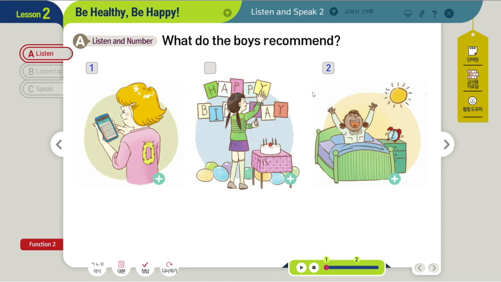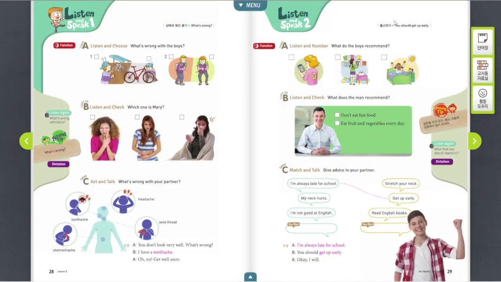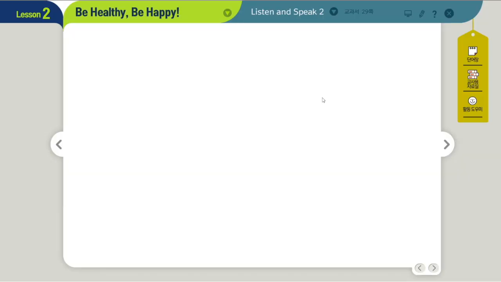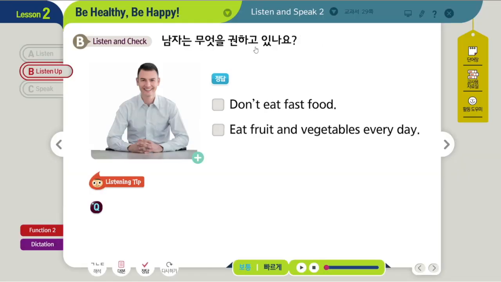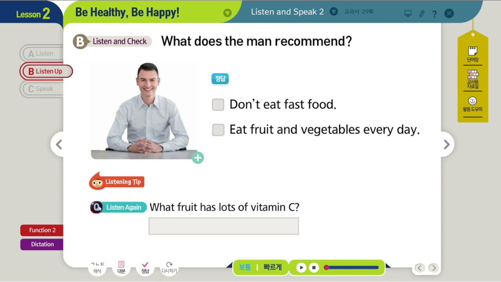So the first box is number 1 and the third box is number 2. Moving on to part B, listen and check. What does the man recommend? Does he recommend to not eat fast food or to eat fruits and vegetables every day? Also, what fruit has lots of vitamin C? Let's listen to what he has to say.